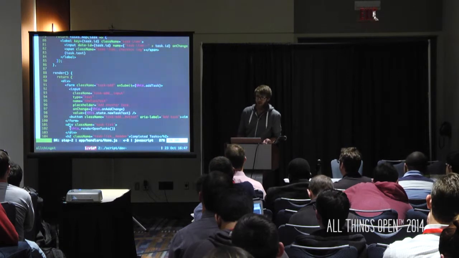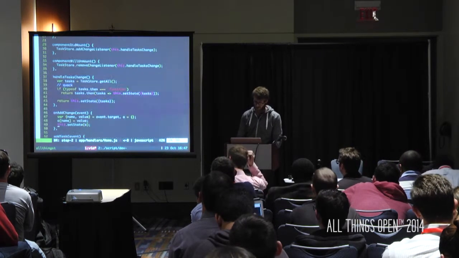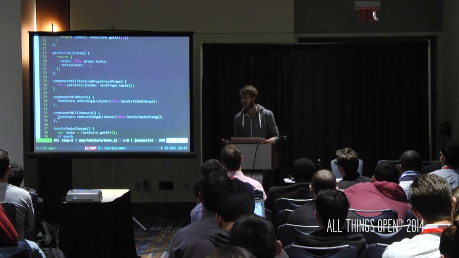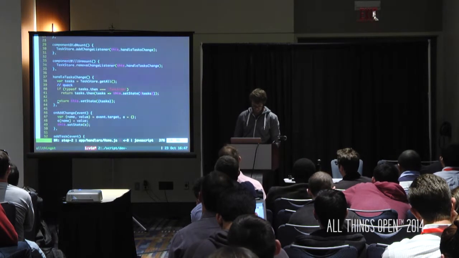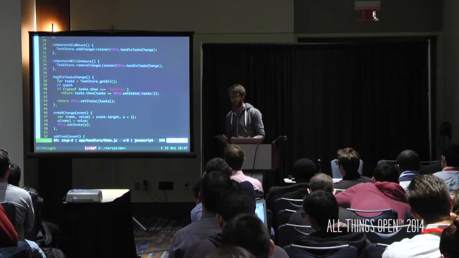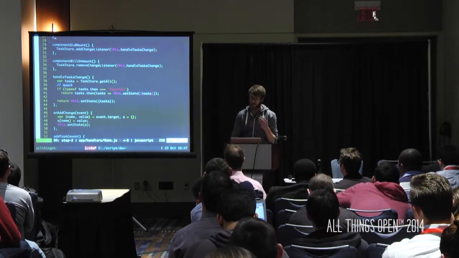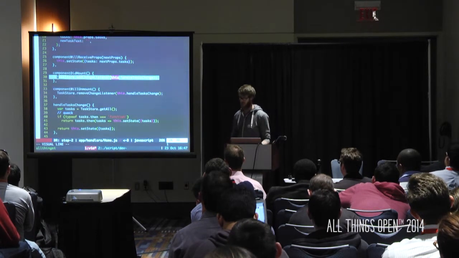So how does that actually ever propagate out to what depends on it? This is using a 5-minute implementation of Facebook's Flux, which basically means I have to manually, once again, explicitly declare that this component is dependent upon this task store. Whenever anything in that task store changes, listen to it and call this function.